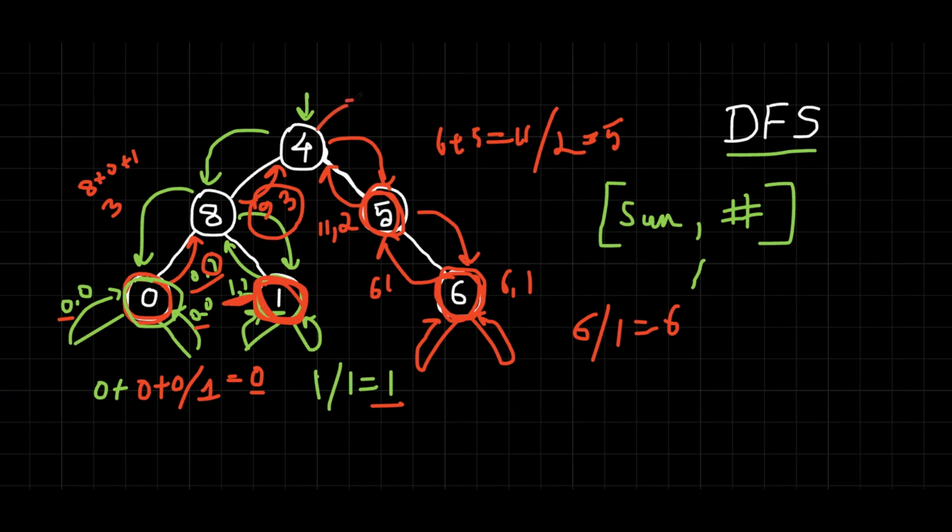Now for this node 4, the summation will be 9 plus 11 plus 4, which is 24. And the count will be 3 plus 2 plus 1, which is 6. So the average will be 4, which is exactly equal to the node value.